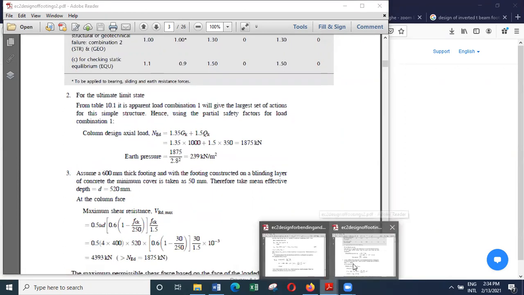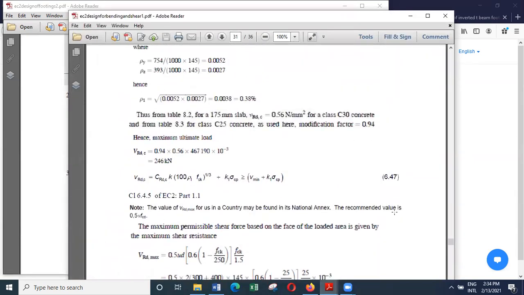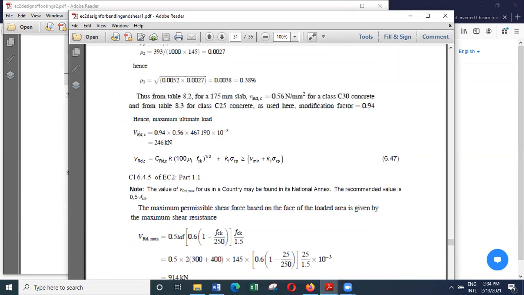The maximum shear resistance is given by this particular expression, as given in clause 6.4.5 of EC2 part 1.1.